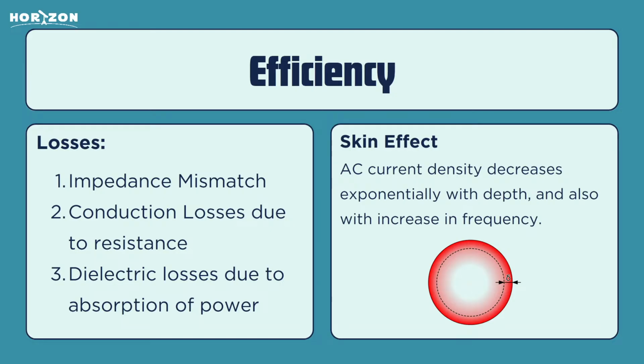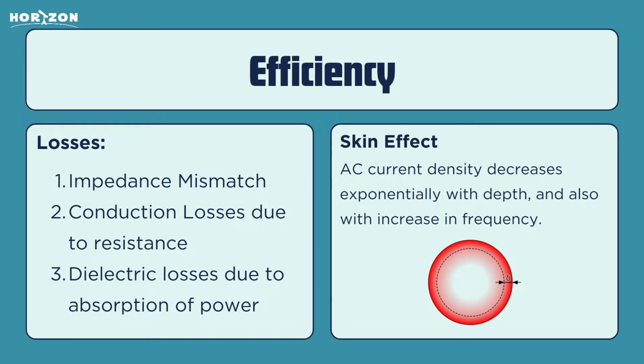Some of the energy is again lost due to resistance of the conductors. Further, the PCB substrate which we mount our antenna on can also absorb some of the power, which is called dielectric loss.